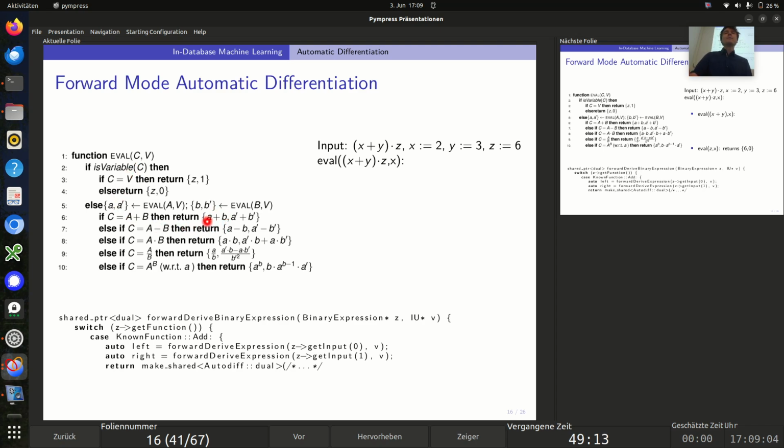So the first element of the pair is the evaluation, and the second argument of the pair is the derivative. So we need to implement all the derivatives for each binary operation, and then we can run the algorithm again. So here we have our algorithm, and first we have to evaluate the inner part. We start with the outer one.